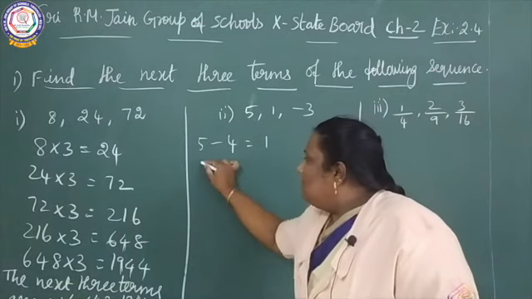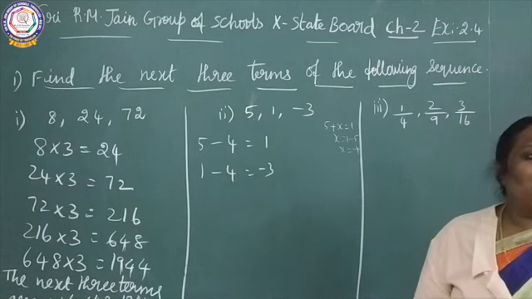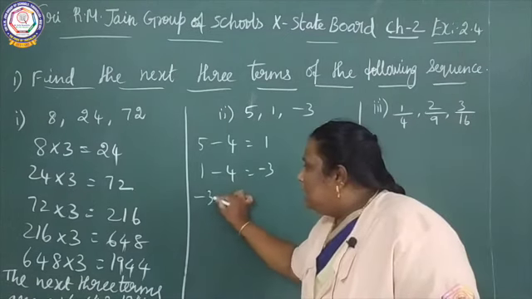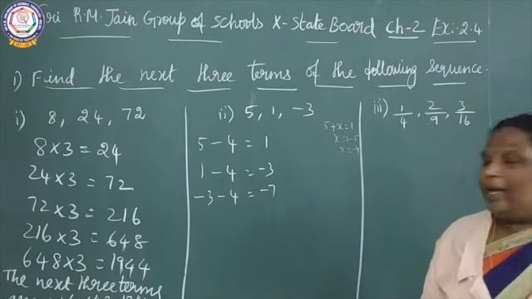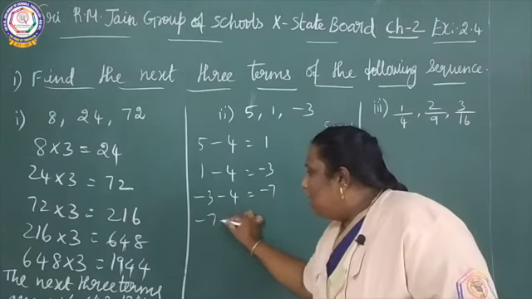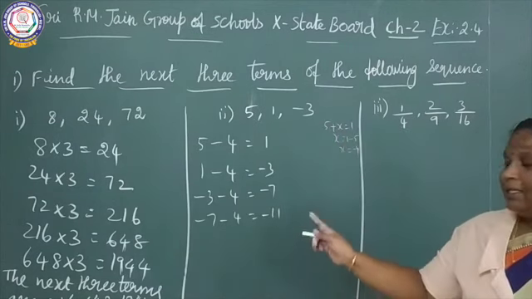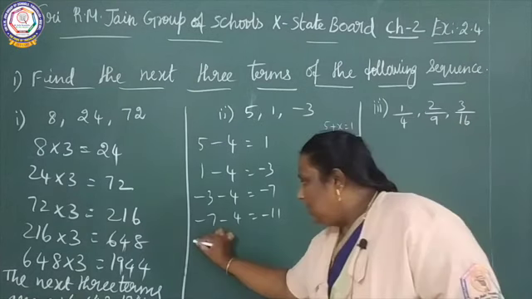Again, what is the next number? 1 minus 4 equal to minus 3. So what is the next term? Minus 3 minus 4 equal to minus 7. What is the next one? Minus 7 minus 4 equal to minus 11.